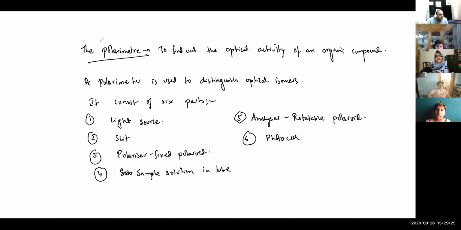Done. So imagine this is a light source. So light source, first it passes through a slit. So suppose this is a slit.